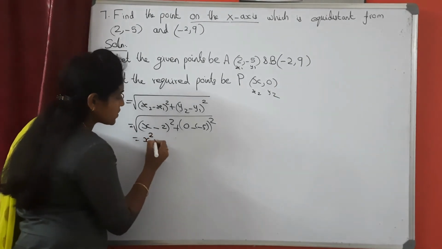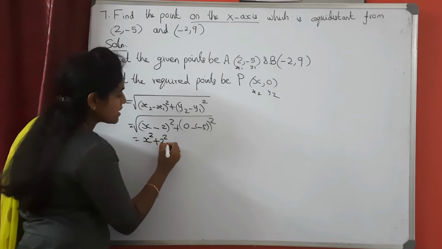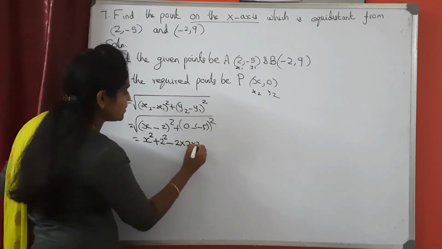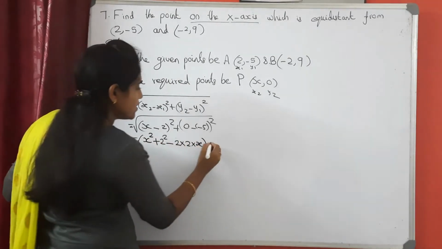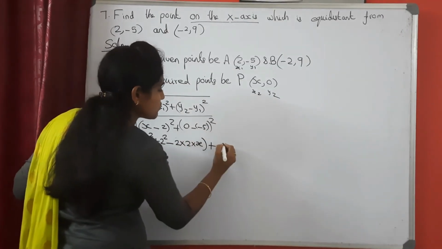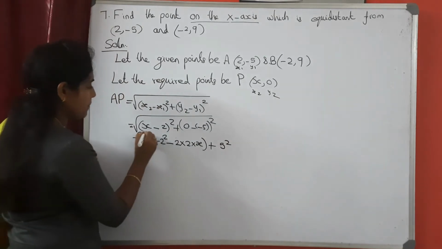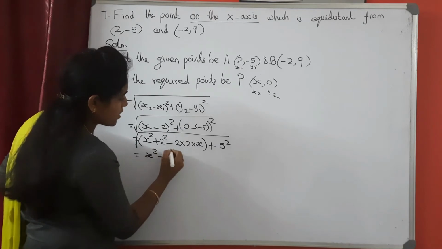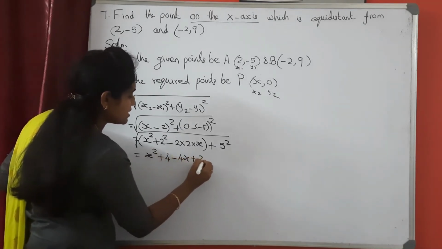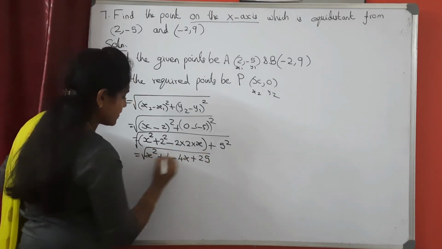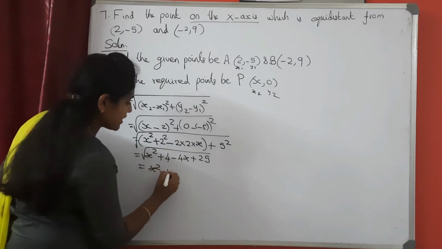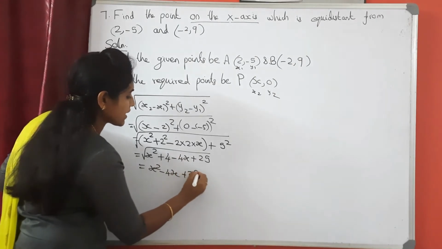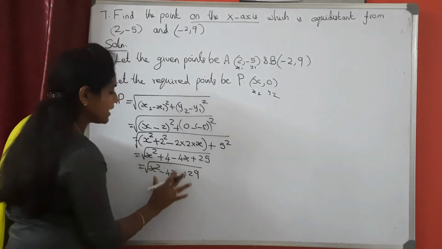So x square plus 2 square minus 2 into 2 into x, plus 5 square, since minus into minus is plus. That equals x square plus 4 minus 4x plus 25. So x square minus 4x, adding the constants 25 plus 4, 29. So let it be like that only.